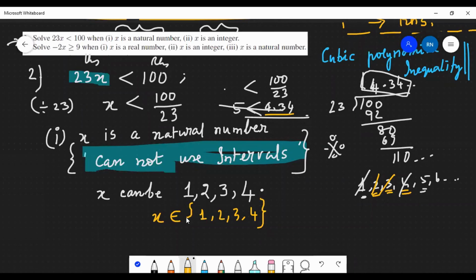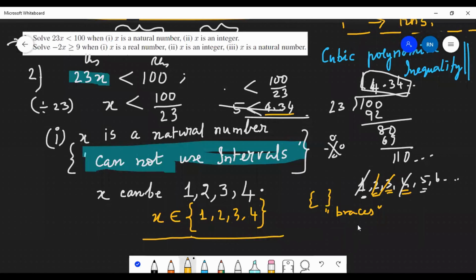When you are writing individual numbers, we use the braces symbol. The braces are used to denote individual numbers. Okay, not interval.